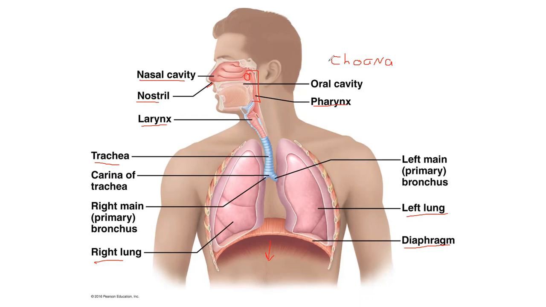The choanae are openings at the back that lead down into the pharynx. Again, trachea is your windpipe, and then it will divide into a right and left main bronchi, and we'll get to those a little bit more later. These are the major regions of the respiratory system.